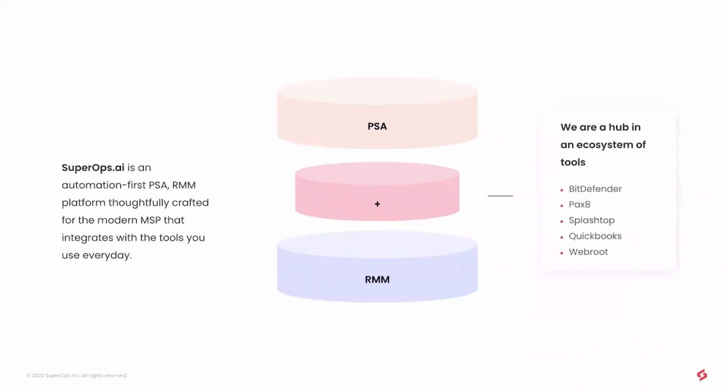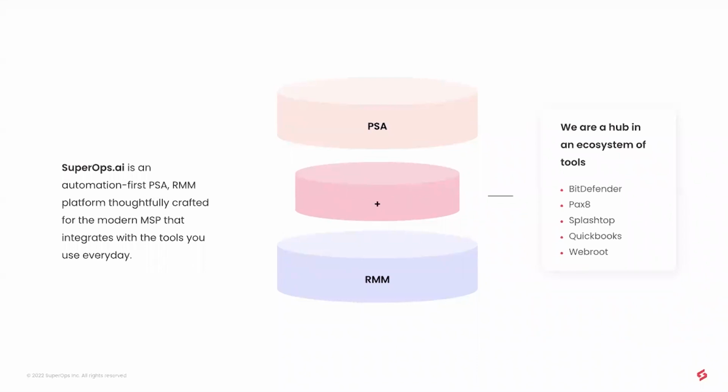And our platform also integrates with the ecosystem of tools which we know most of you use in your everyday activities, like PackSite or Splashtop or QuickBooks. These are systems that are already existing in your tech stack, and you would like to continue using those for various reasons. And our platform integrates deeply with all of these and much more.